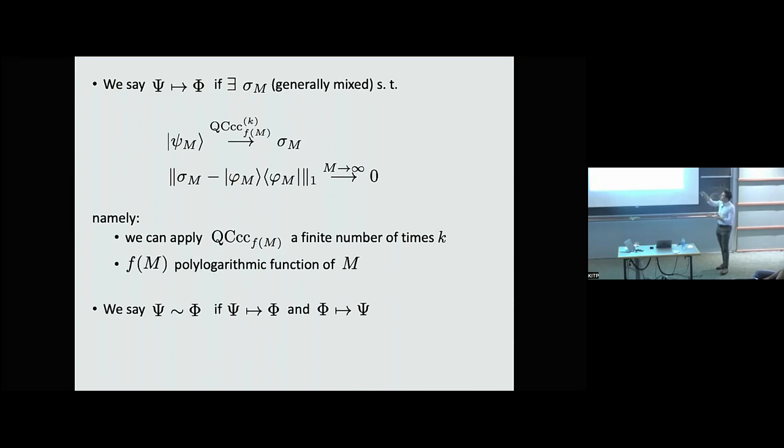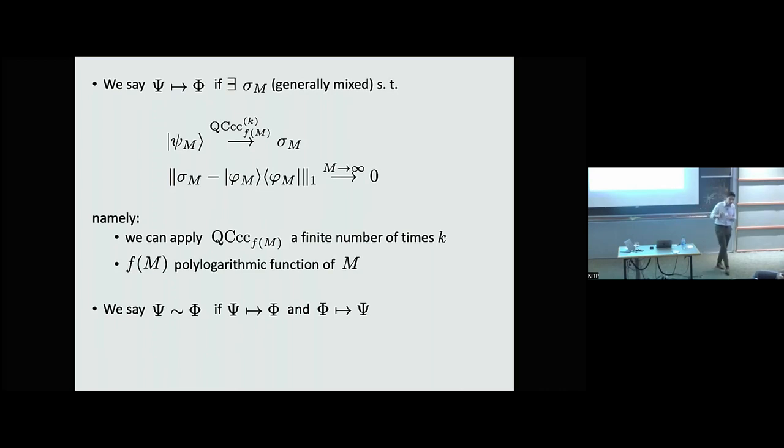We can approximate the new sequence of states if there exists a family of mixed states which is exactly realizable starting from your state, using a quantum circuit that scales sufficiently slowly with the system size. And then we simply say that two states are in the same phase if I can do this starting from either of the two states.